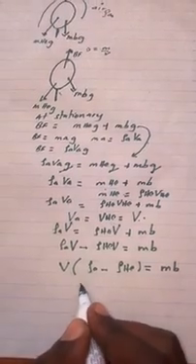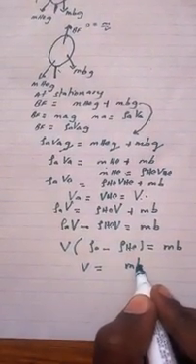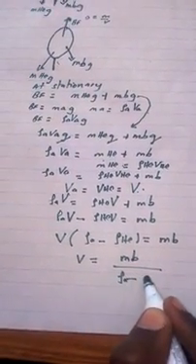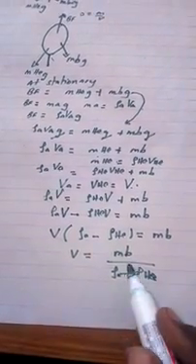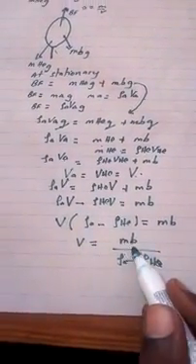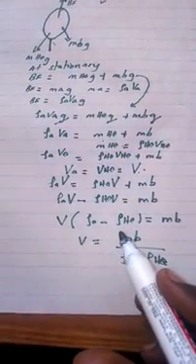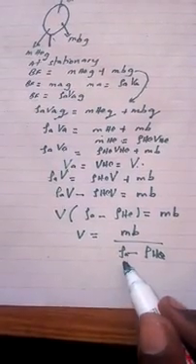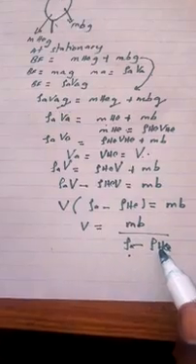So we can find the volume by taking mass of the balloon, including its contents, divided by density of air minus density of helium. So this is the volume that will be required to make the balloon now move into the air. You take the mass of the balloon, you divide it by the density of air minus the density of the gas.